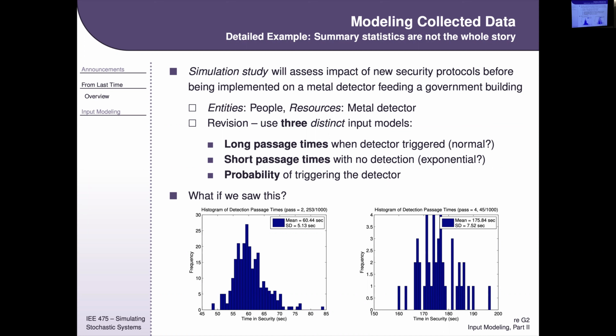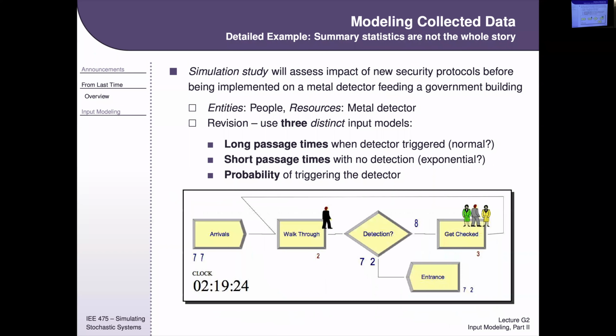And I just need a process that causes some people to go through the metal detector more than once. So some people will go through once, some people will go through a second time, some people will go through a third time, and so on. Or rather, this is the additional checking process before they send you back through. So I could build this instead. So what I've got here is now an Arena model where I arrive, I go through the metal detector. This is my short time distribution, that kind of exponential looking thing.